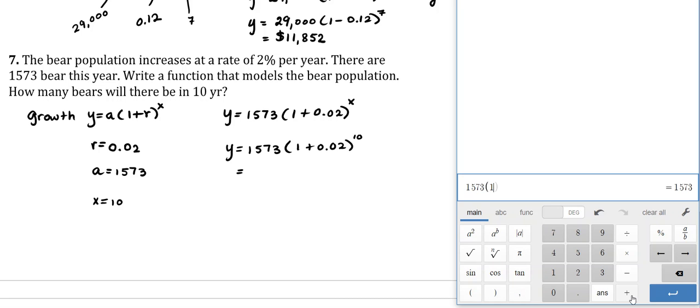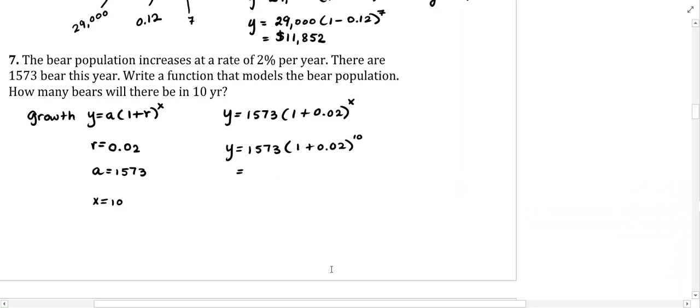How many do you think we're gonna get? Oh, that's a lot of cubs in 10 years. Rounding to a whole number, so 1917.